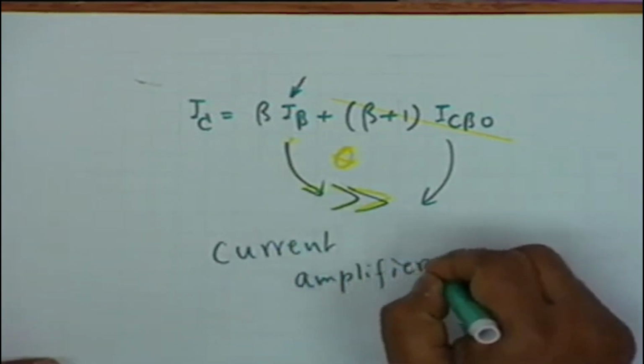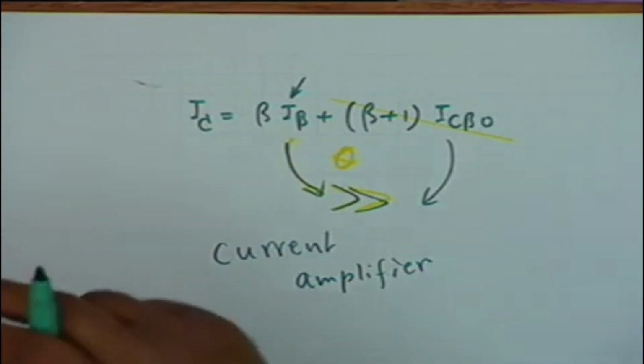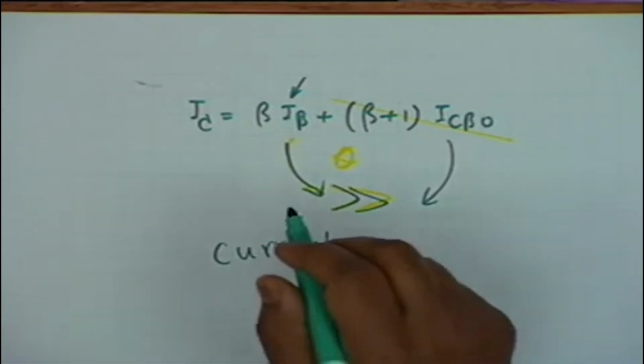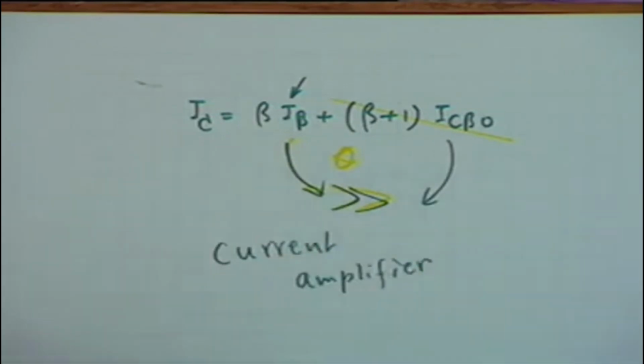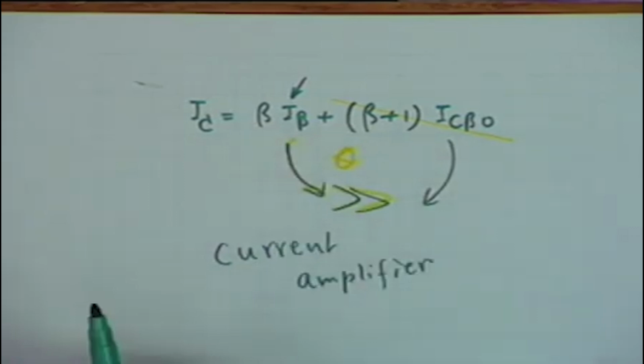A transistor in general can amplify voltages because of transfer of resistance, from low resistance to high resistance. A transistor in the CE mode can amplify currents by a factor of beta. Beta is alpha divided by 1 minus alpha.